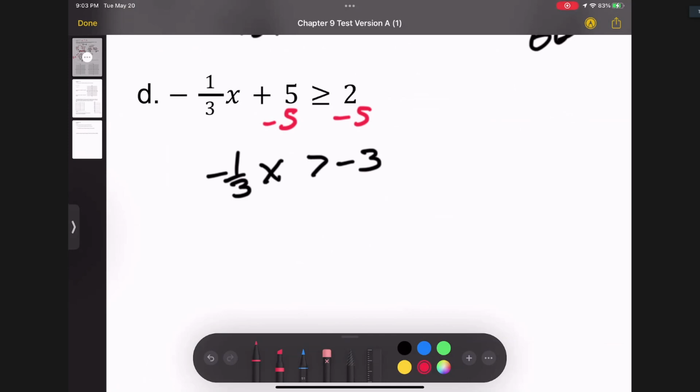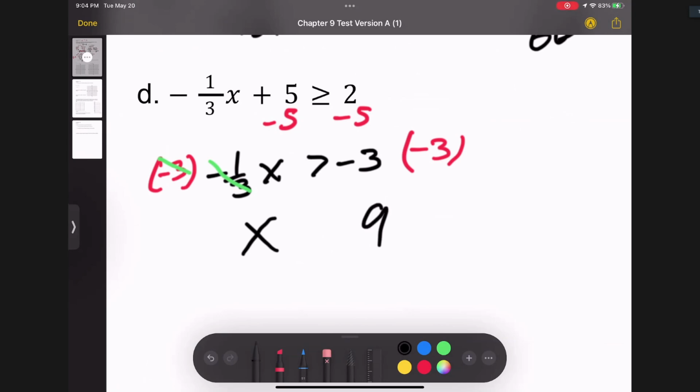I got to multiply both sides by -3. X is going to be on the left side because -3 divided by -3 right there, or multiplied by -1/3, that's the same thing. It is going to be a 1. What is left? Just the letter x. Now on the right side, -3 times -3, that turns into a +9.